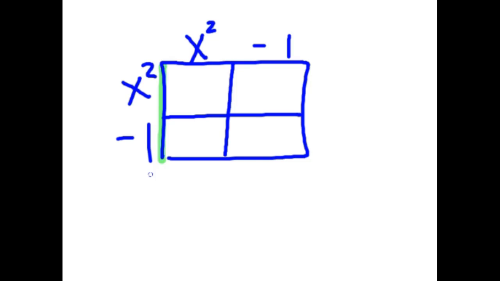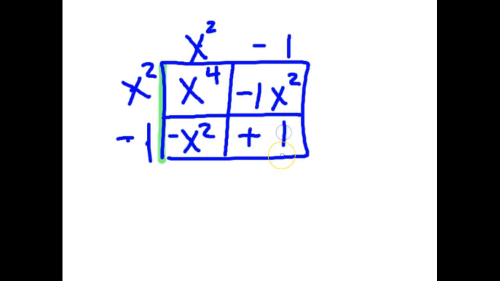Find a margin, turn over on the back, multiply it out with a box problem. X squared times another x squared is x to the fourth. X squared times negative 1. Negative 1 times x squared. Negative 1 times negative 1 is 1, negative times negative makes a positive.